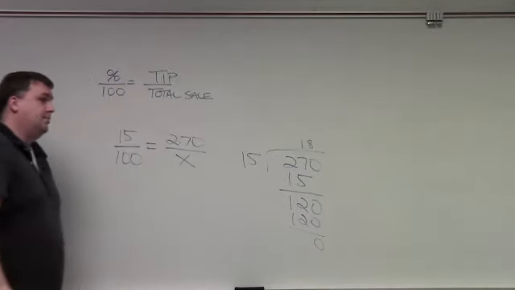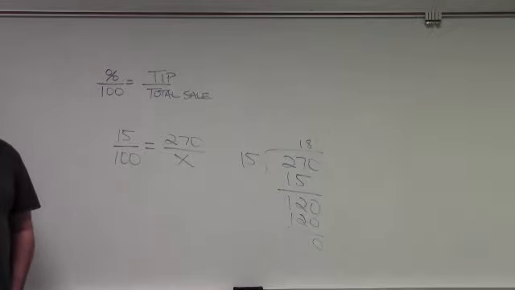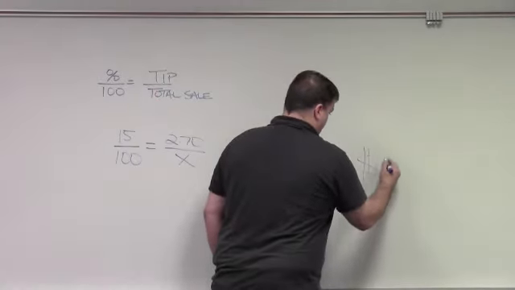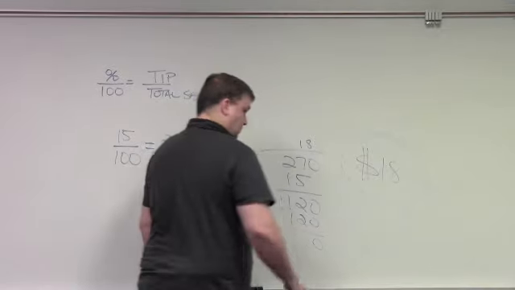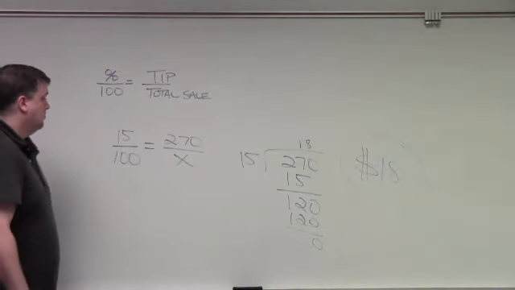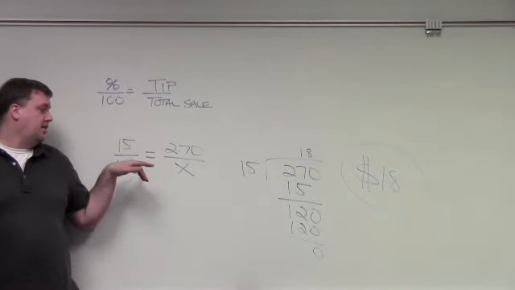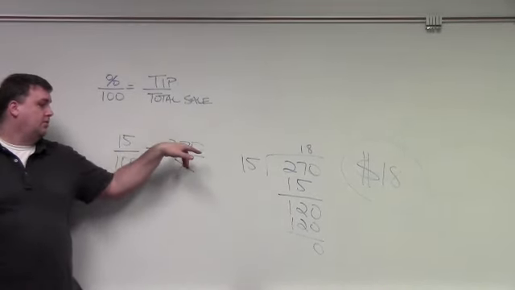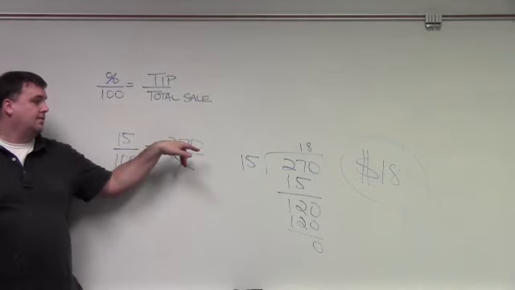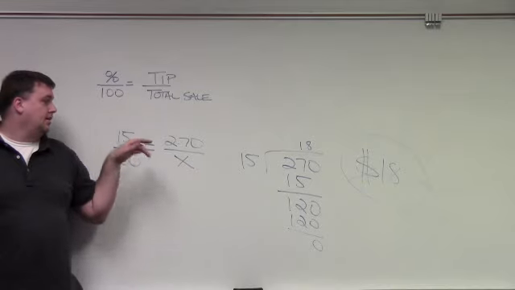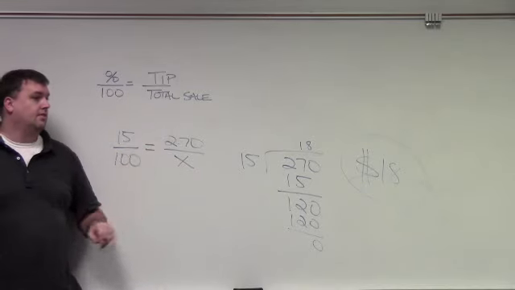So what was the cost of the meal before the tip? $18, that's right. Questions? All right, cross multiply 100 times 2.7. That gives me 270. And then divide it by 15.